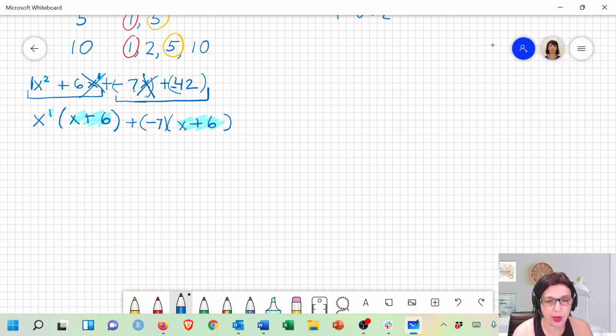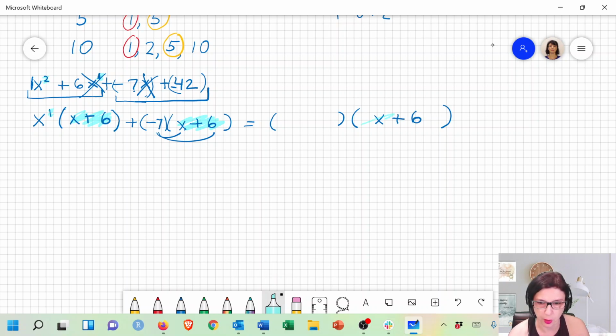And we can check that out. We can take negative 7 multiplied by x, that's negative 7x, and negative 7 multiplied by 6, that's negative 42. So we did it. That's correct. Okay, so now that they share this x plus 6, we're going to factor. Whatever they share, we're going to write right here. That's going to be one of our factors.